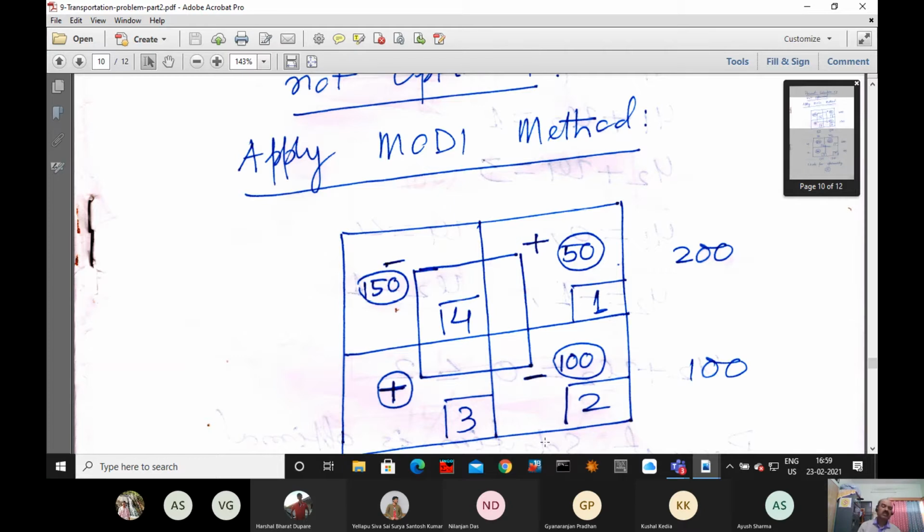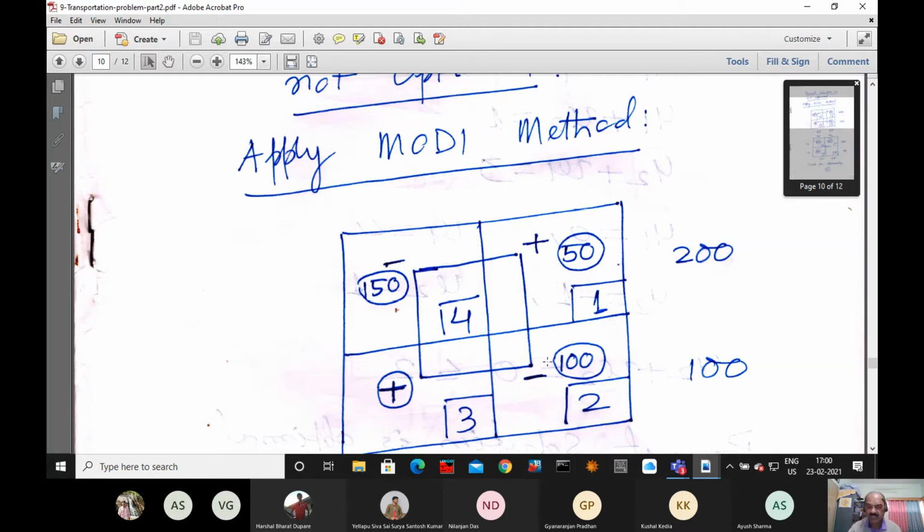Among all the negative elements, choose the smallest element. The smallest element is 100. That 100 we must subtract from the negative elements, and add to the positive elements.